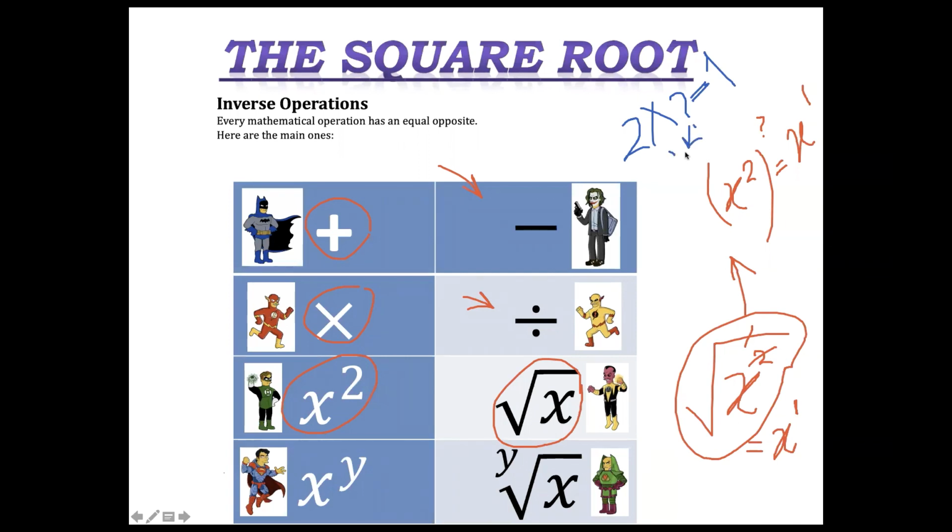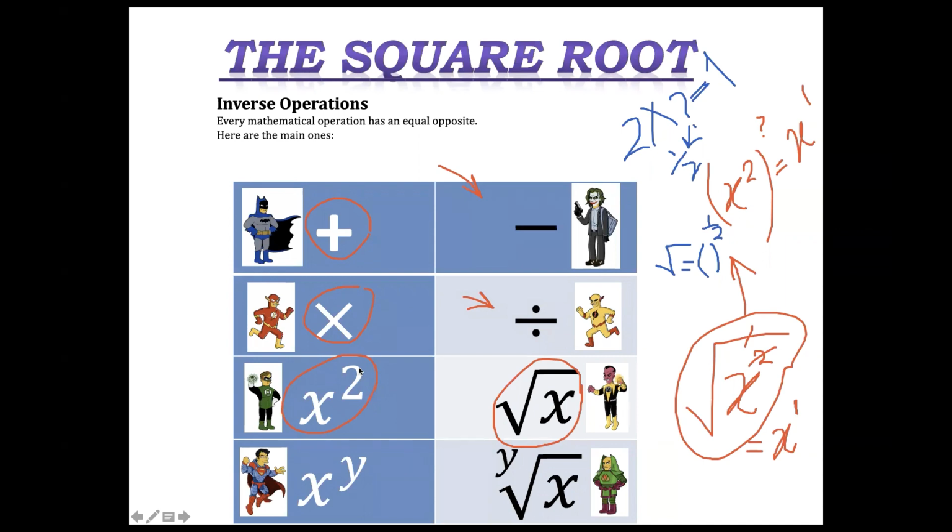If I multiply 2 by half, I will get 1. So the square root means power of half. The power of half is the inverse of the power of 2, the square.